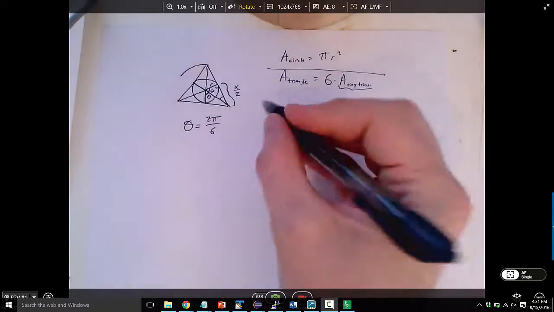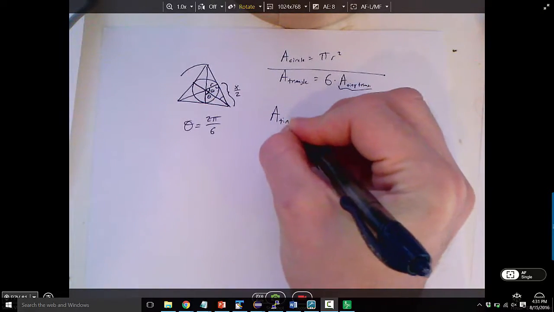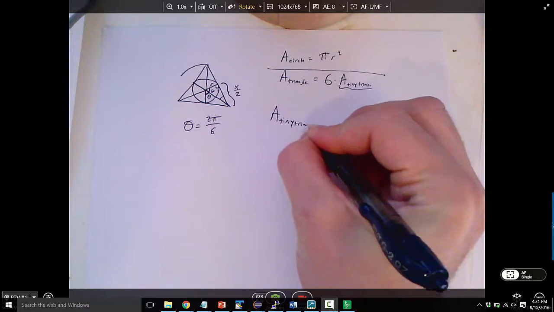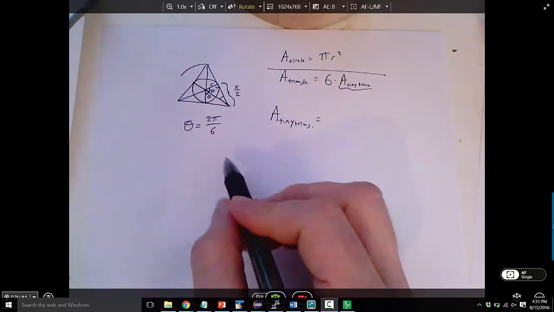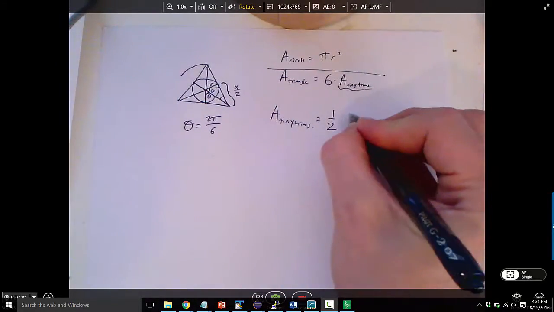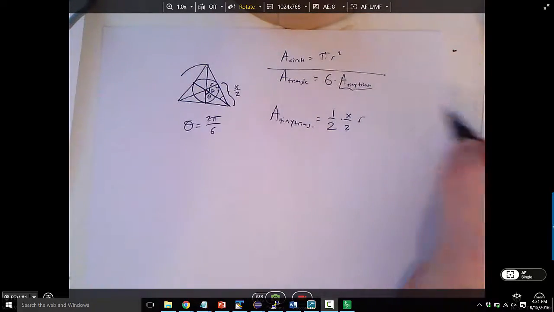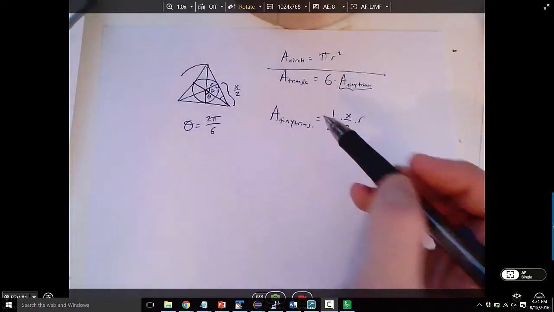What else can I do here? The area of the small triangle, which I was calling a tiny triangle, is going to be 1/2 base times height. So 1/2, the base is x over 2. The height here looks like it's r. Okay, so far so good. Let's start substituting some stuff in.